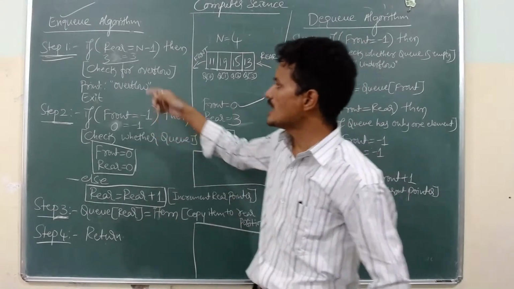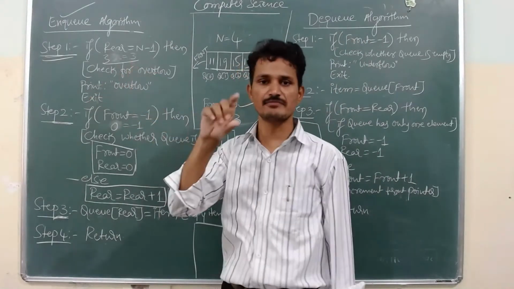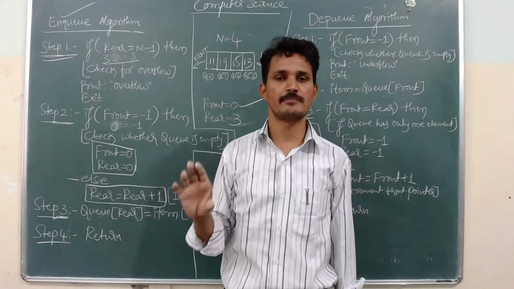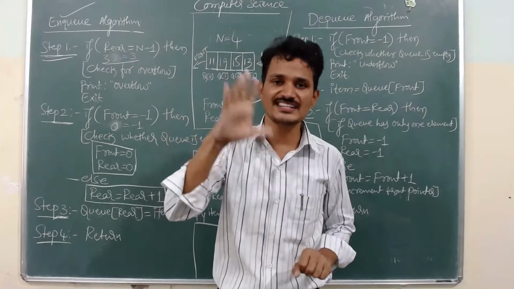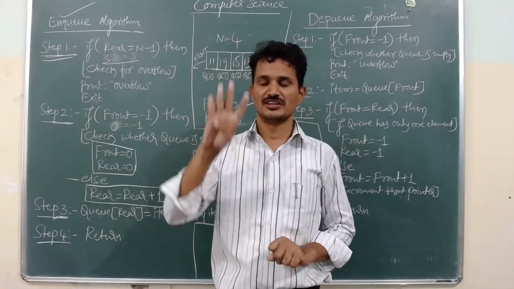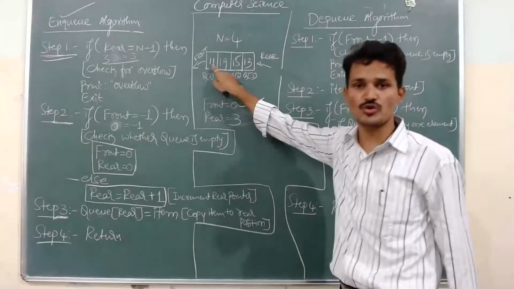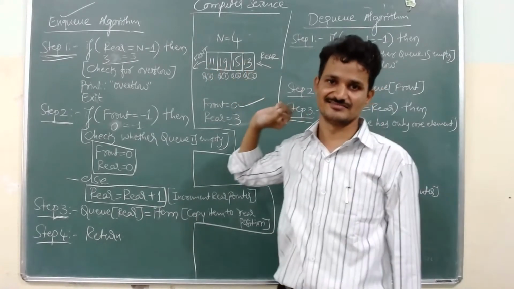True means I am going to execute this print statement and this exit. Have a look at the statement which is written in the square bracket. Check for overflow. That means the Q data structure is full. You cannot insert a new item. Maximum capacity is 4. That is what we have inserted: 11, 19, 15 and 13.